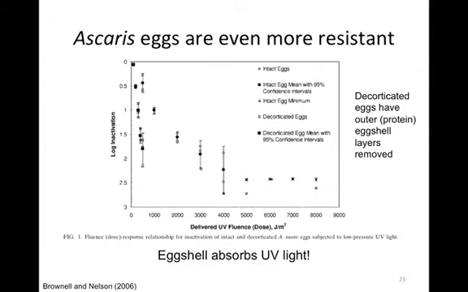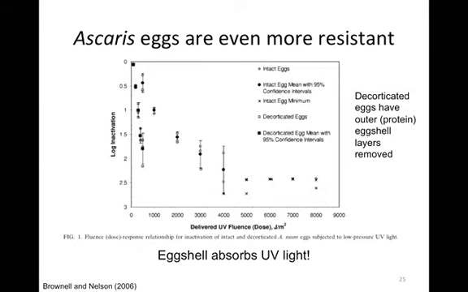Ascaris eggs, it turns out, are also really resistant to UV. So this is work that one of my first students did, where we exposed Ascaris eggs to UV light. And I'll just draw you right toward the important result here. So if we look at this point right here, this is 1 log inactivation at a dose of 1,000 joules per meter squared.